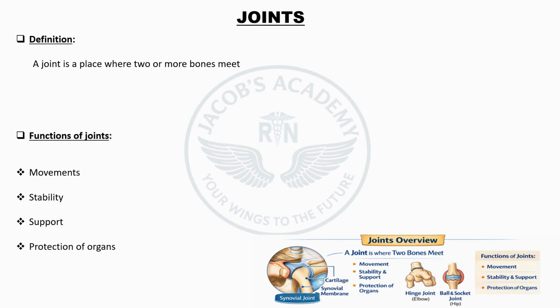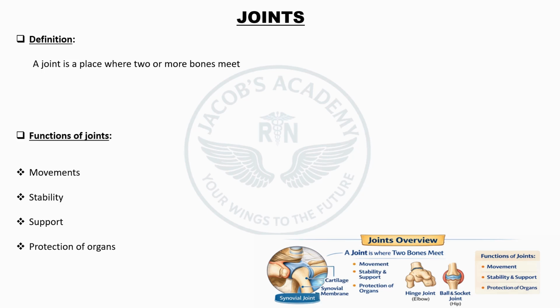And finally, some joints help in the protection of the vital organs. For example, joints of the rib cage assist in protecting the heart and lungs. Understanding the structure and function of the joints is very important for nurses, as it helps in patient assessment, mobility care, injury prevention, and rehabilitation.